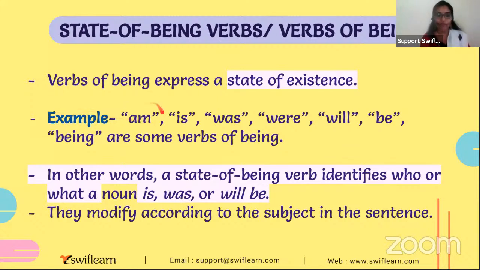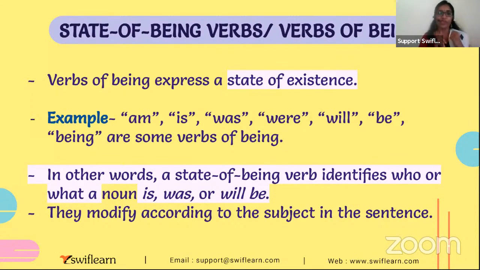We have other examples like am, is, was, were, will be, being, which are some of the verbs of being. I hope this is very clear. I'll repeat it again.